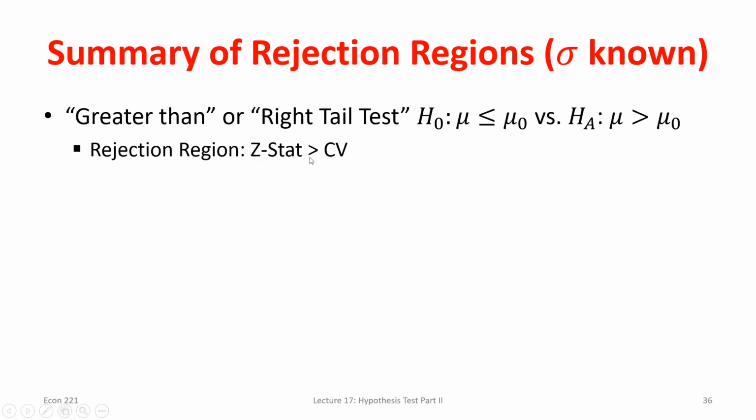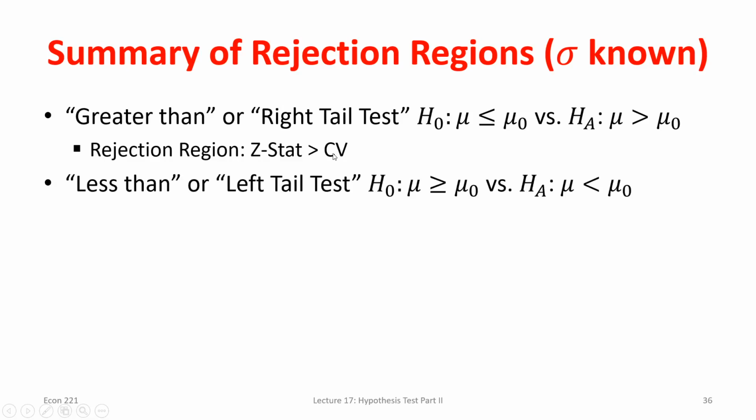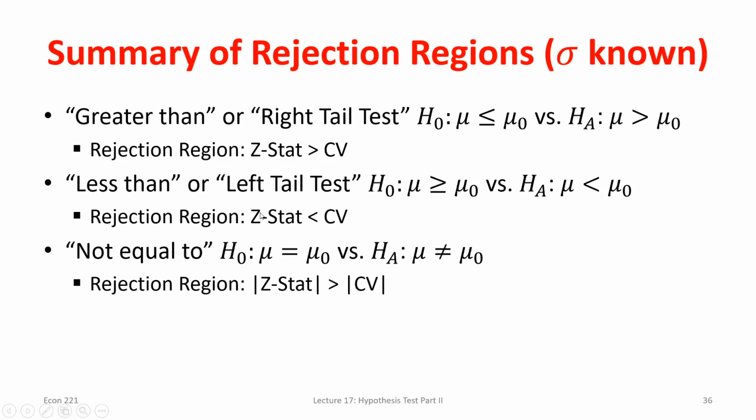So if I see a test statistic greater than my critical value, I reject. For a left-tailed test, anything to the left of the critical value is in the rejection region. For a two-tailed test, if the absolute value of my test statistic is greater than the absolute value of my critical value, then I reject.